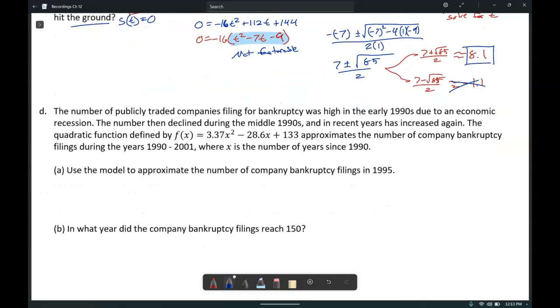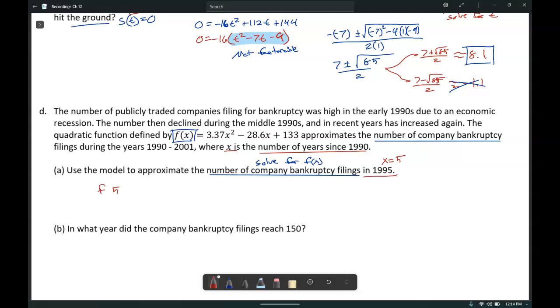Last function we're looking at, we have a function f of x that models the number of company bankruptcy filings, where x is the number of years since 1990. Here we want to use the model to approximate the number of company bankruptcy filings, which means we're solving for f of x given a year of 1995, which is 5 years after 1990.